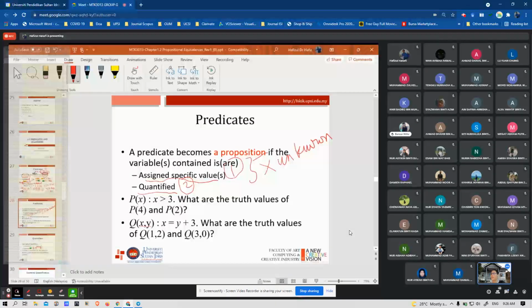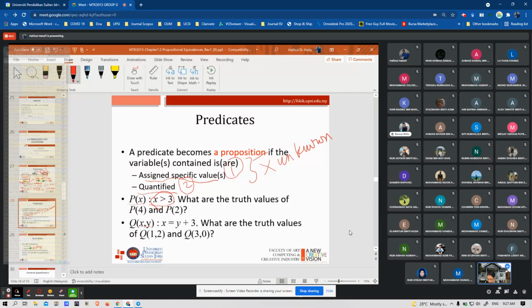For example, we have P(x) that contains variable x. x is greater than 3. What are the truth values of P(4) and P(2)? Then Q(x,y), we have a predicate here, and then we have the statement x plus y.